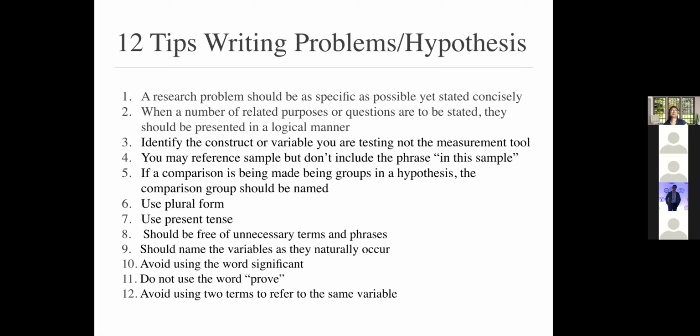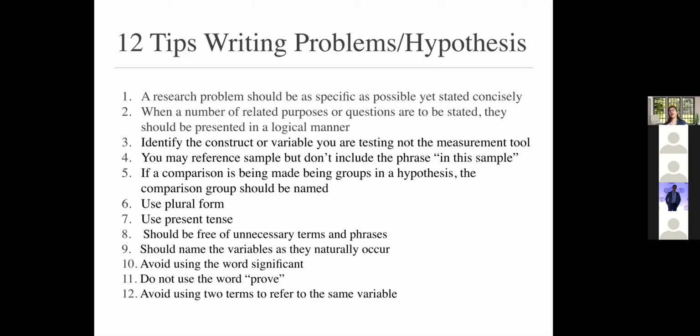So, for example, you want to look at what are the variables that differentiate mental health, right? So when we say name the variables as they occur, there's an implicit assumption there that the DV is the mental health, right?